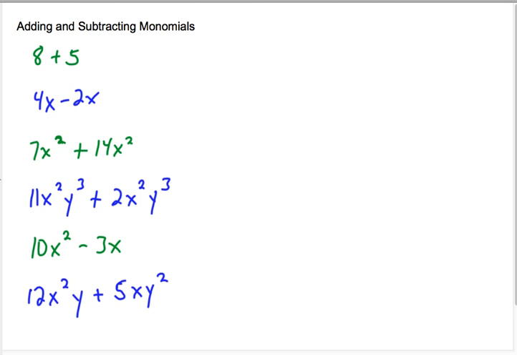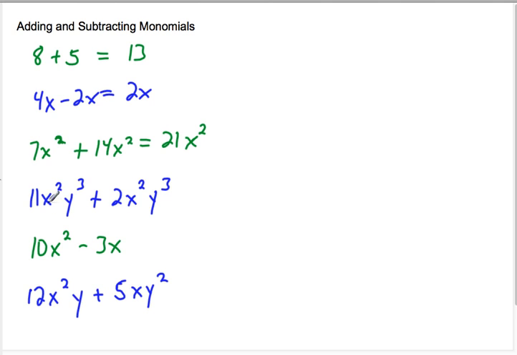So adding and subtracting monomials. You've been doing some of this your whole life, right? 8 plus 5 we know is 13, so that would be adding two monomials to get 1. 4x minus 2x, we've been doing that. That is 4 minus 2, so 2x. Then we have 7x squared plus 14x squared would be 21x squared.